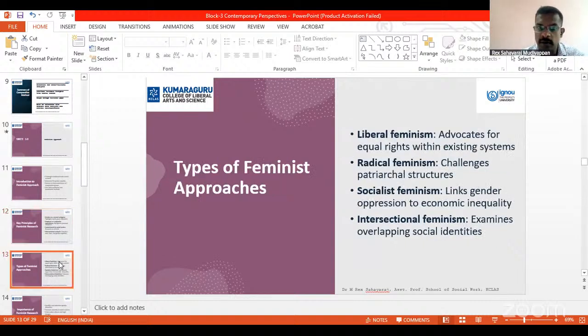We have types of feminist approaches. Liberal feminism advocates for equal rights within the existing systems, radical feminism challenges patriarchal structures, and socialist feminism links gender oppression to economic inequality.